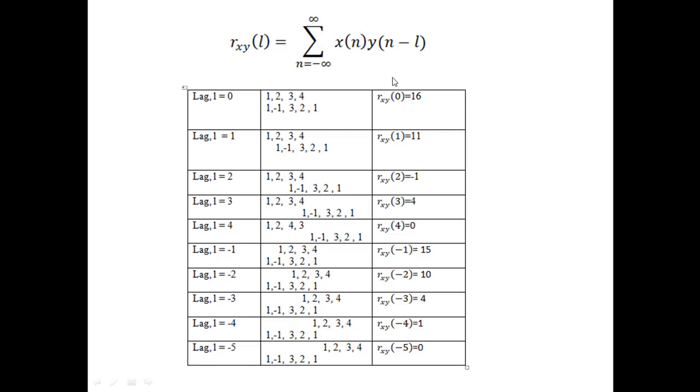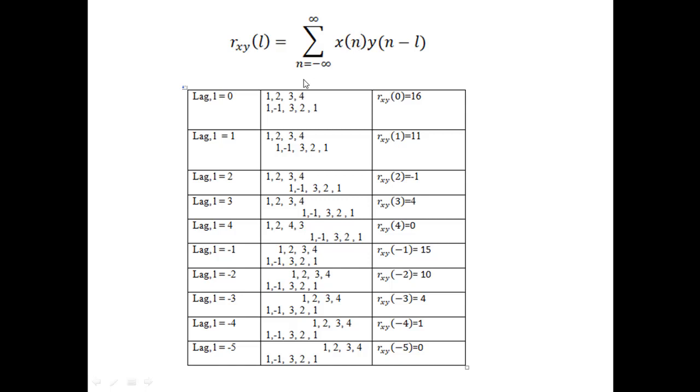As we know, the correlation equation is Rxy of L equal to summation n varying from minus infinity to infinity x of n y of n minus L. Now when lag L is equal to 0, when I substitute L equal to 0 in this equation, what do I get? Rxy of 0 is equal to summation n varying from minus infinity to infinity x of n y of n minus 0, which is y of n.